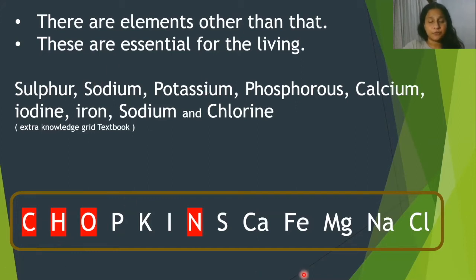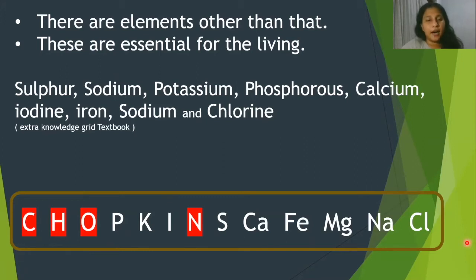So this is a small trick. You can pronounce this as chop, Kins, Cafe, Meg, and NaCl. Again, chop, Kins, Cafe, Meg, NaCl. That is how you pronounce it, and you can remember this trick very easily.